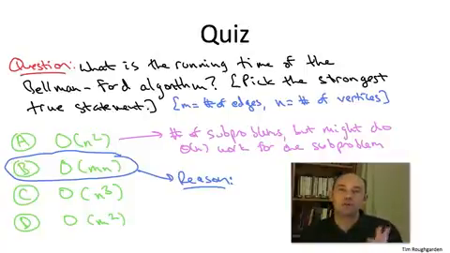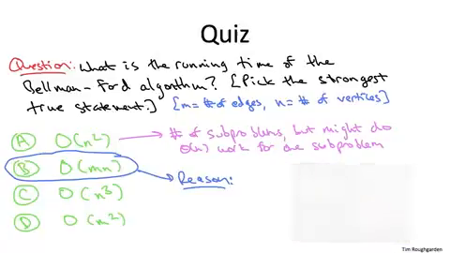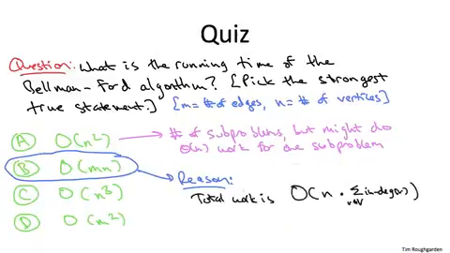Well, think about the total amount of work done over all of the subproblems in the following way. All we're going to do is take the amount of work done in a given iteration of the outer for loop and multiply it by n, the number of iterations of the outer for loop. So how much work do we do in a given iteration, for a given choice of i? Well, it's just the sum of the in-degrees.